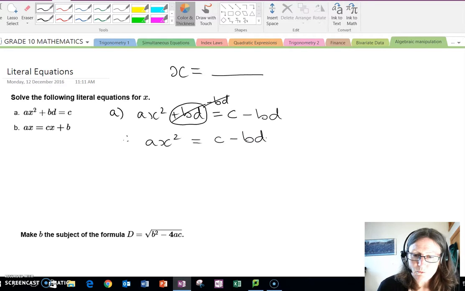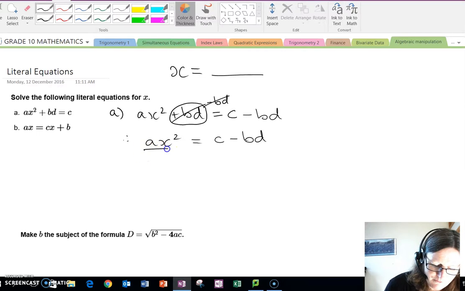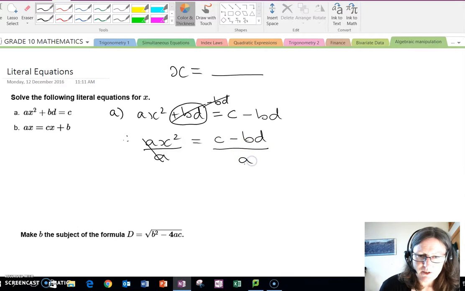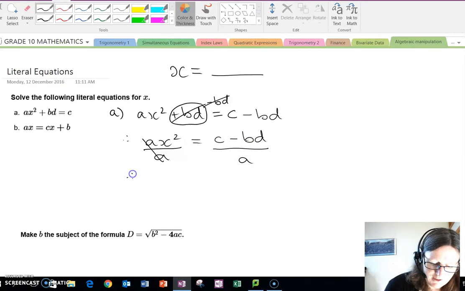Okay, I need to get the A off the left hand side. If I divide this by A, my A's cancel. So I need to divide my right hand side by A. So that leaves me with X squared is equal to C minus BD over A.